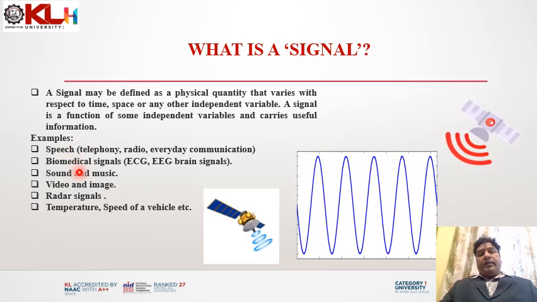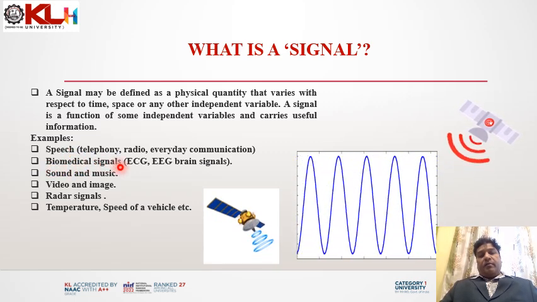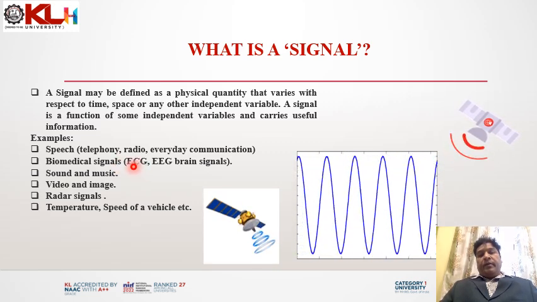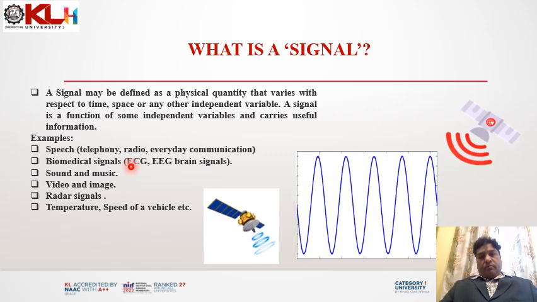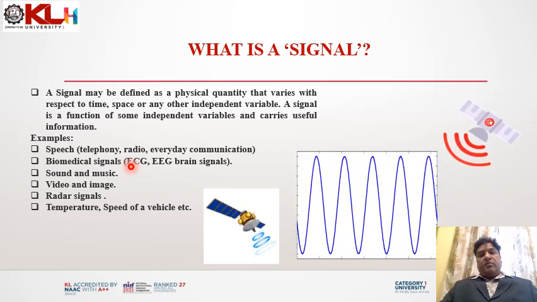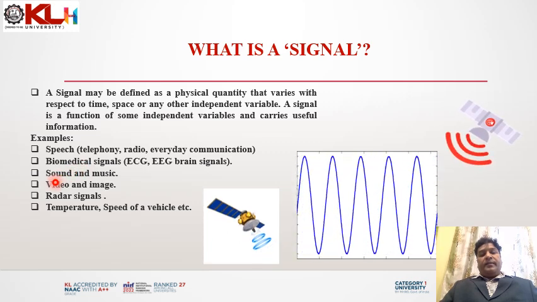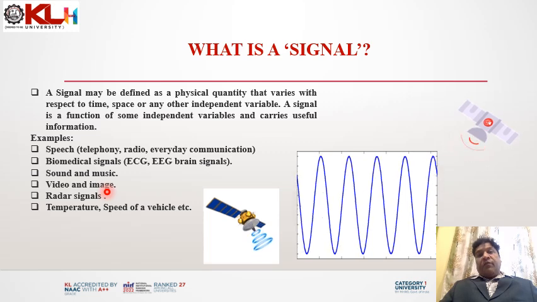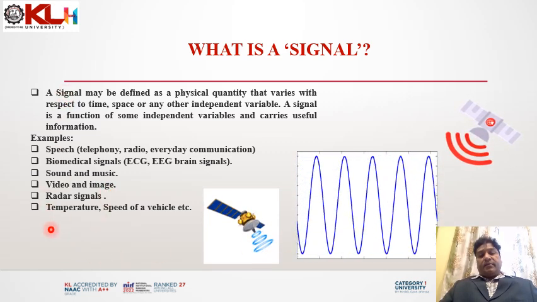Now if we take another example, a biomedical signal, for example, ECG. Here the signal is showing the heart rate, and again this signal is also a function of time. Another signal we can take is an image signal. The image signal is a function of the x-axis and the y-axis.